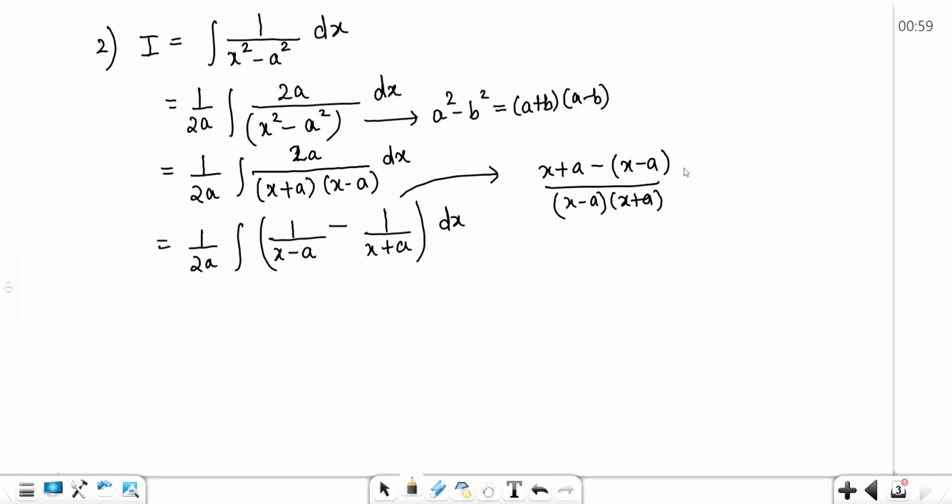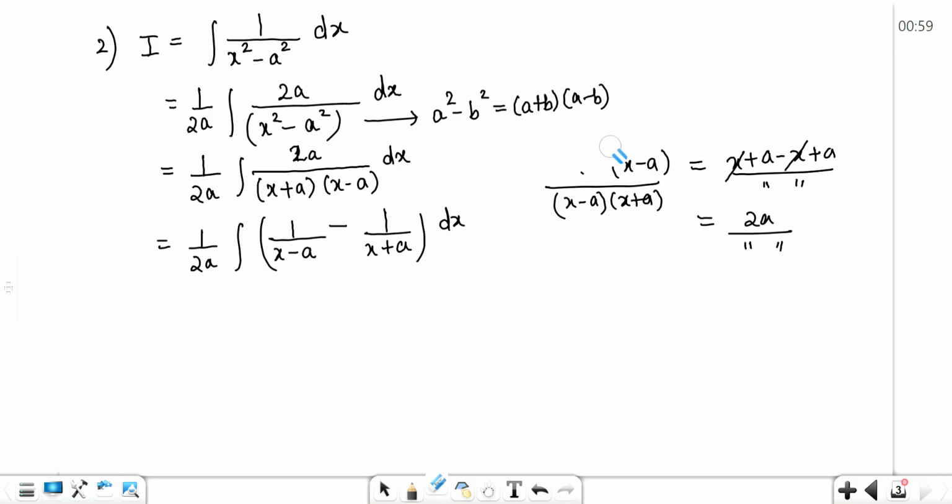When you solve the numerator, you get x plus a minus x plus a, and the denominator will be the same. So x and x get cancelled, a and a will be 2a, and again the denominator will be the same. So we have got the same thing. This is how you can check. I'll just rub this out.